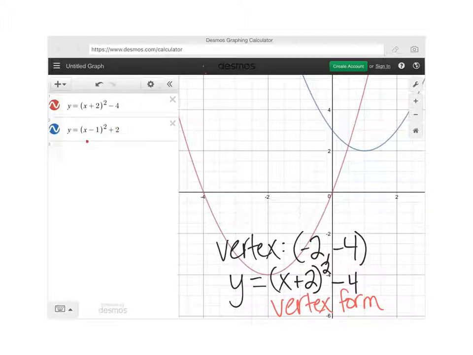Positive 1 becomes a minus 1 in the parentheses, and then the plus 2 at the end. Okay? So here's my vertex. 1, 2 becomes x opposite sign minus 1 squared plus 2. Okay? And that's what I have in red and blue right there.